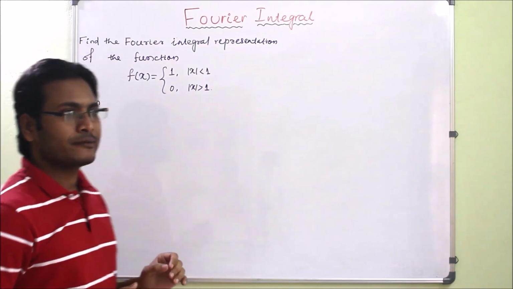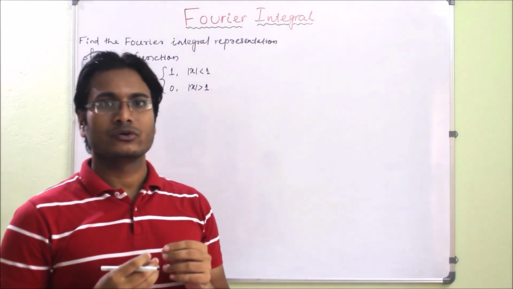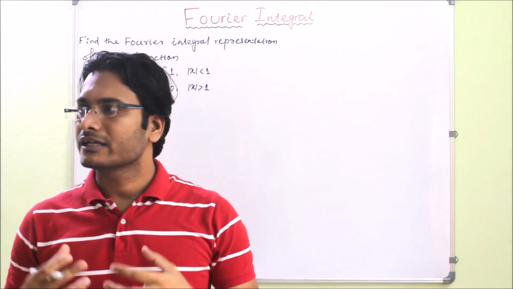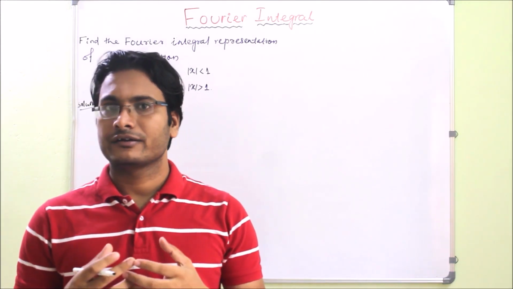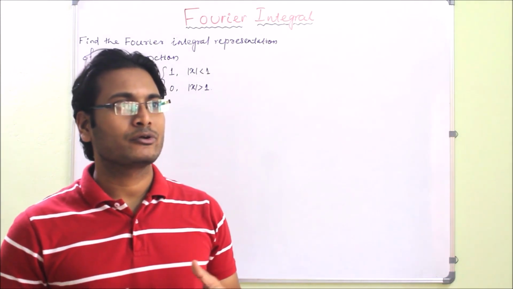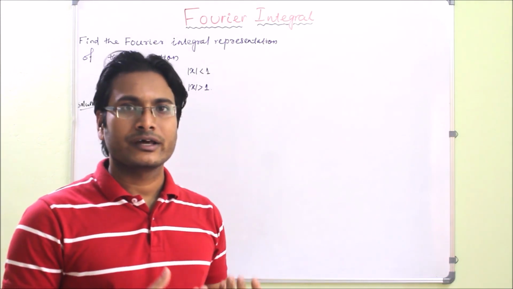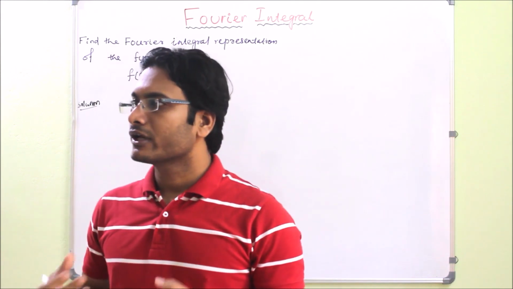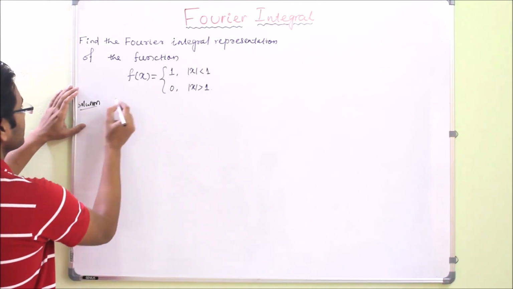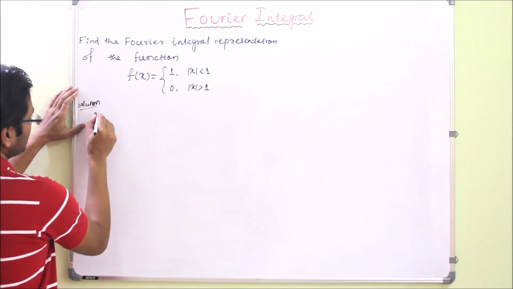The first step to solve the problem is to see whether the function is odd or even, because depending on whether the function is odd or even, we have to apply the Fourier sine integral or the Fourier cosine integral. So how to check?